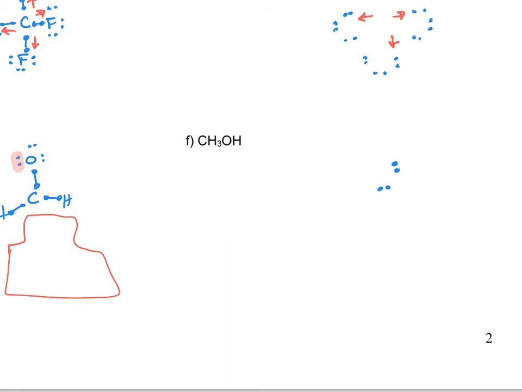2, 4, 6, 8, 10. So we're short 4. Now we go to atoms on the periphery that can have lone pairs, oxygen being one of them. It can handle 2. So there is a total of our 14 electrons. So we're good. Now what we need to do is double check to make sure everything has a full valence.